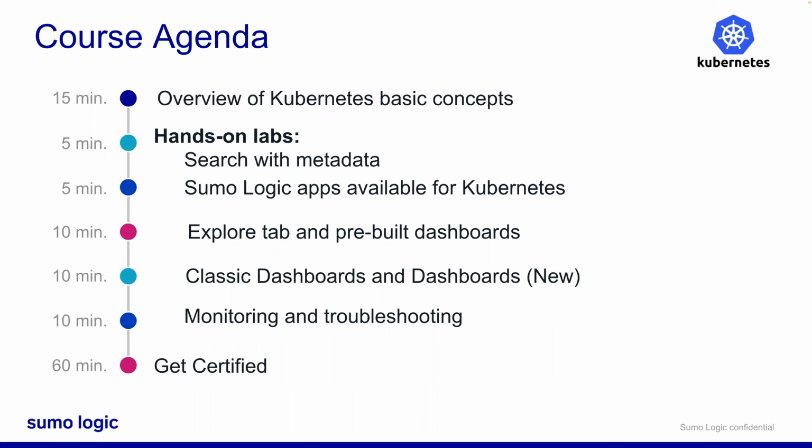We'll look at dashboards, both the old ones and the new ones, and talk about the differences. Classic is our name for the older version. Then we'll do a monitoring troubleshooting lab. That lab will be a little funky, but we'll make our way through it, and then we'll get certified. We'll take a break in about an hour 15 or so.